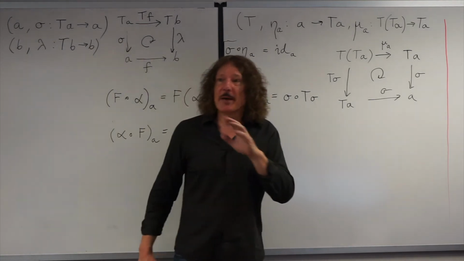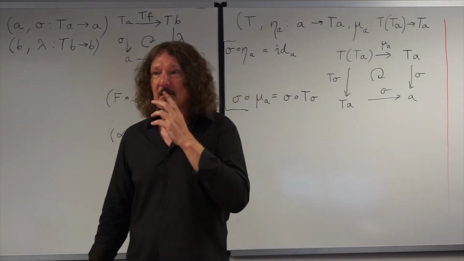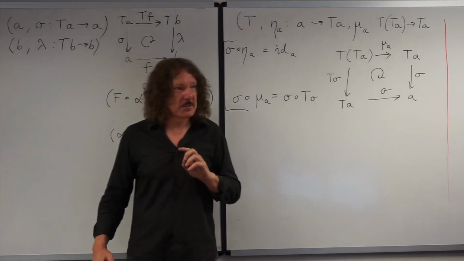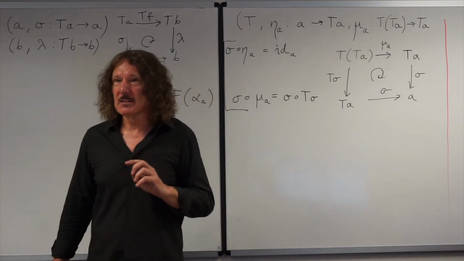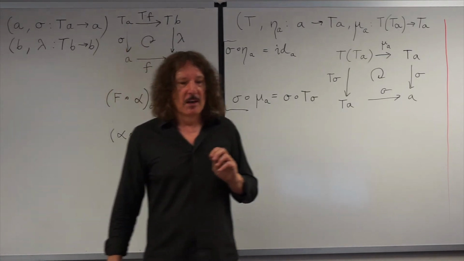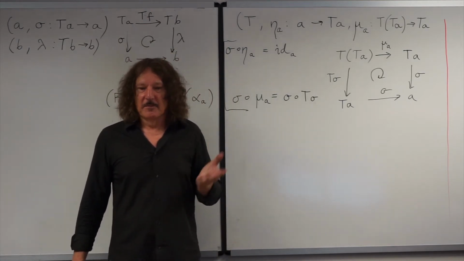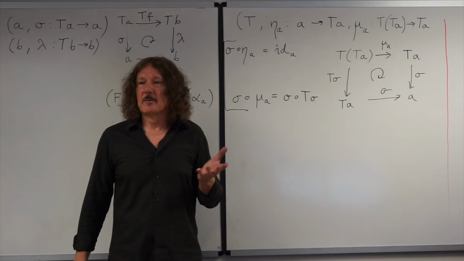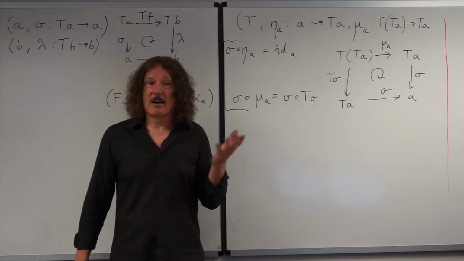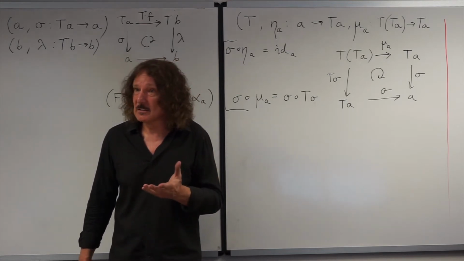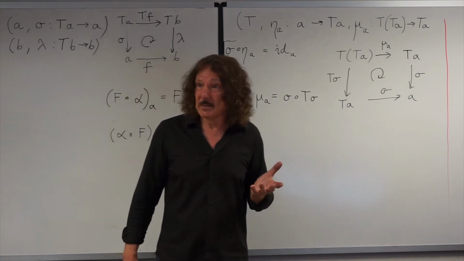So now let's go back to the original question. This was sort of a digression because I wanted to show you this theorem. First of all, we know that for every adjunction, we have a monad, right?